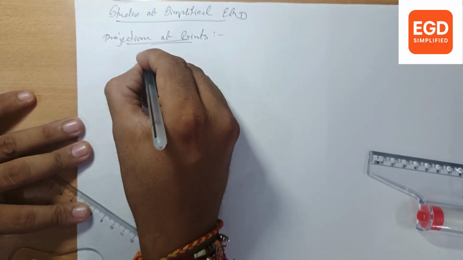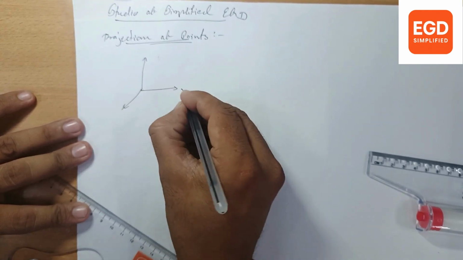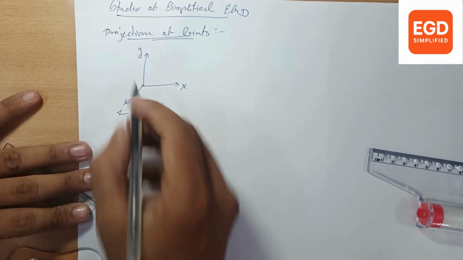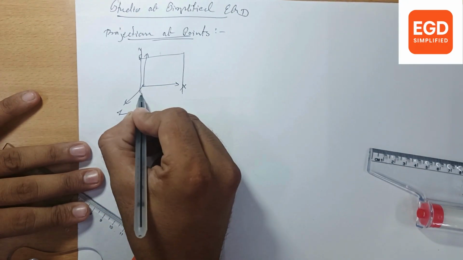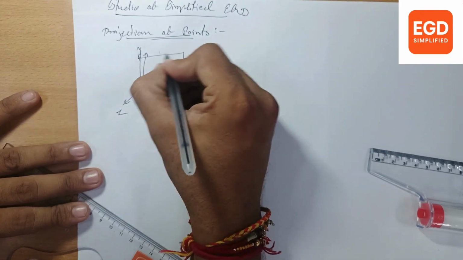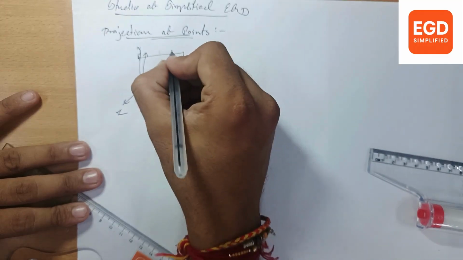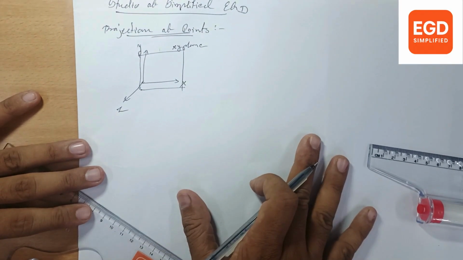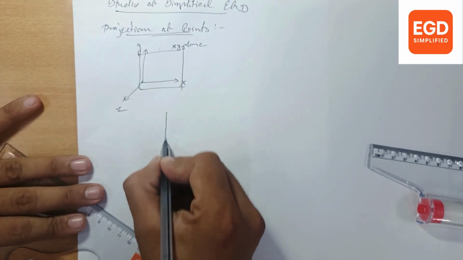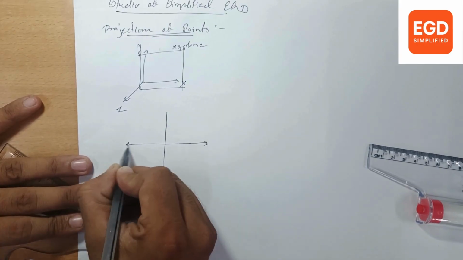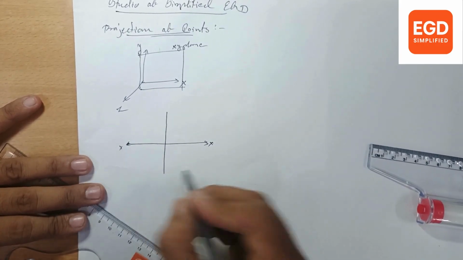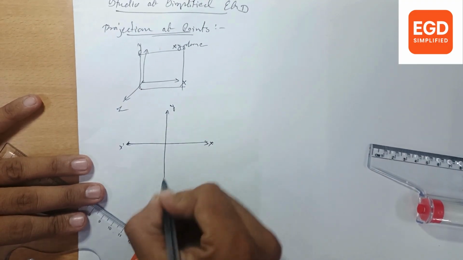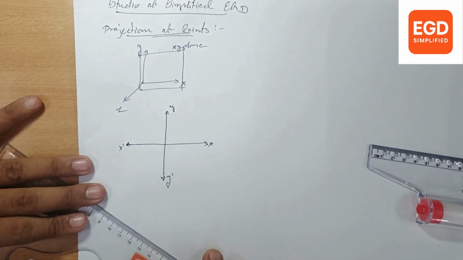As we know, there are three axes: X, Y, Z. In normal life, we are going to use two axes, X, Y, and the plane in which we are going to draw is called the XY plane. So first of all, we will consider two axes, the X axis and the Y axis. We will mark X dash and Y dash.